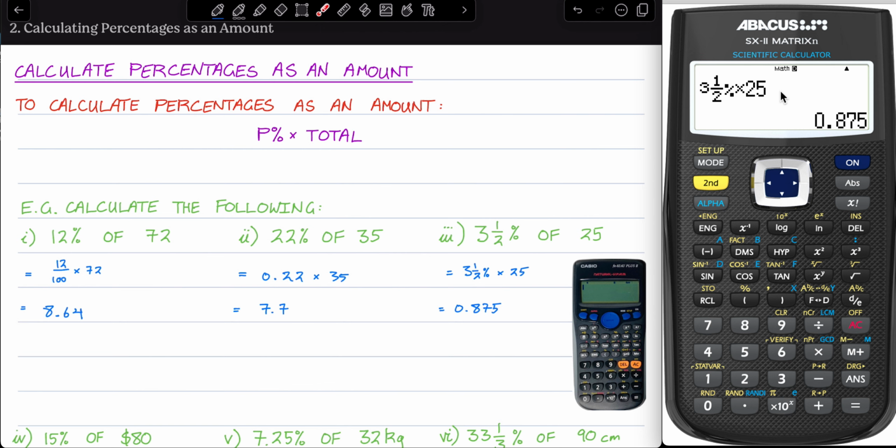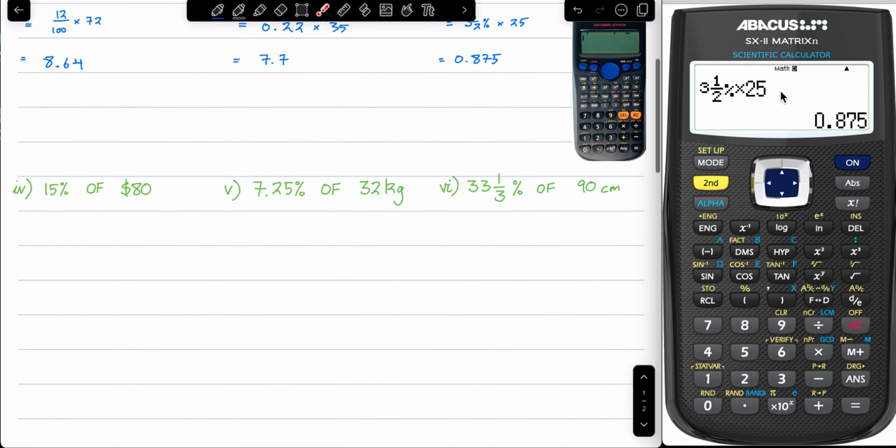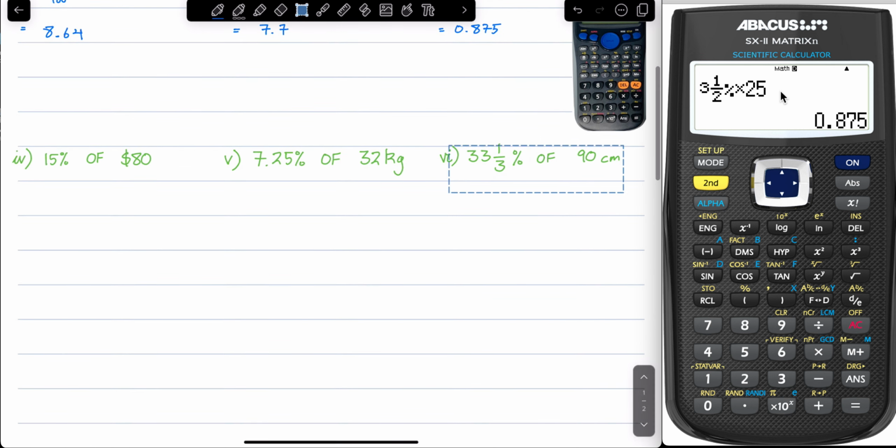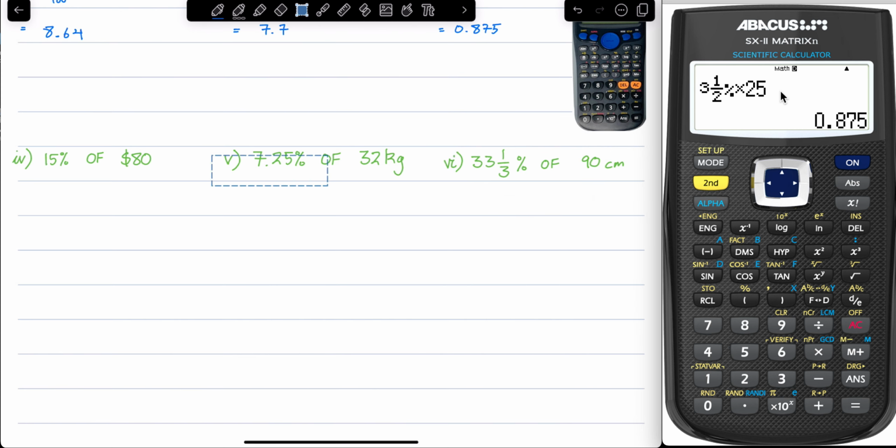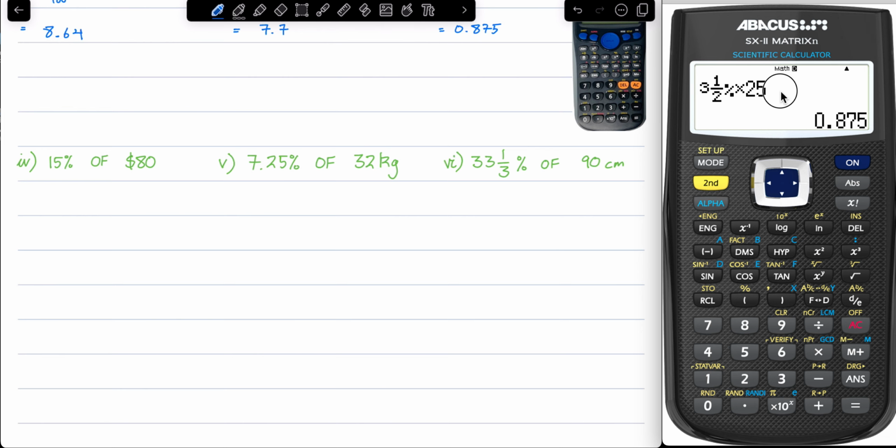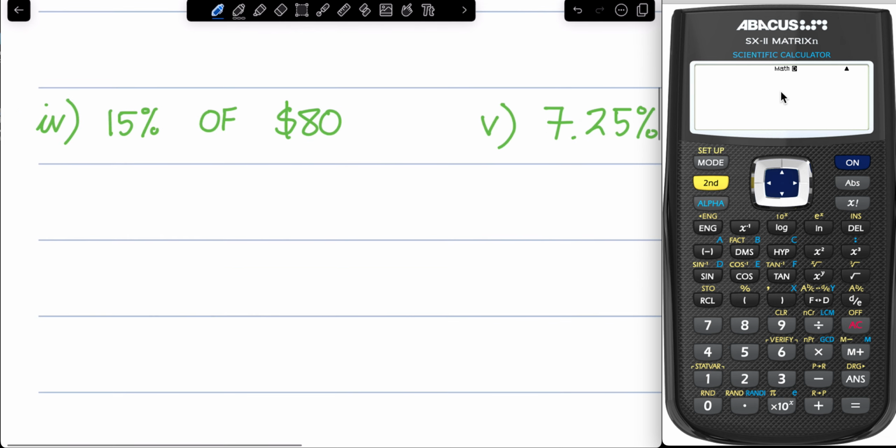So you can pause and try these next three yourselves, and you'll see the only difference here now is that we just have units of measurement at the end of each question. So let's calculate them here. So 15%. Let's mix this up. I'll express this one using the percentage button here.